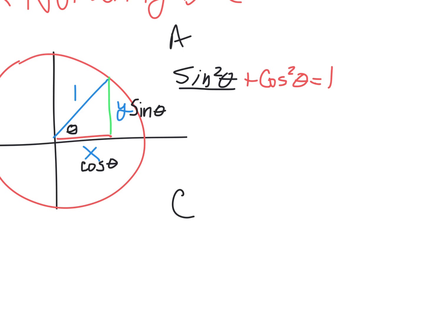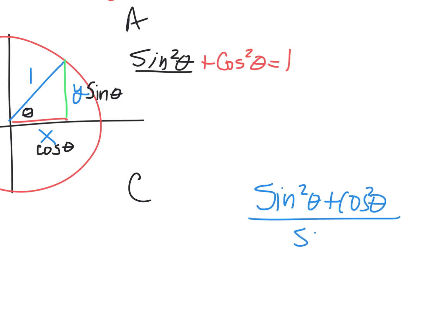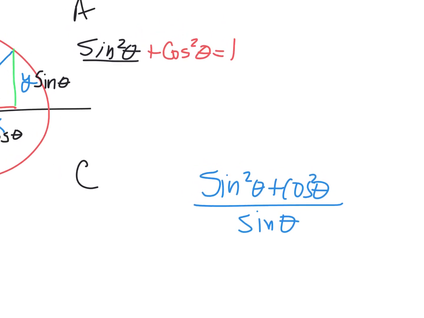So let me show you how that could be in a problem. Imagine a problem on your next test. This could absolutely be a problem on your next test. Sine squared theta plus cosine squared theta all over sine theta, and you'd have to be smart enough to go, oh, I know this one.